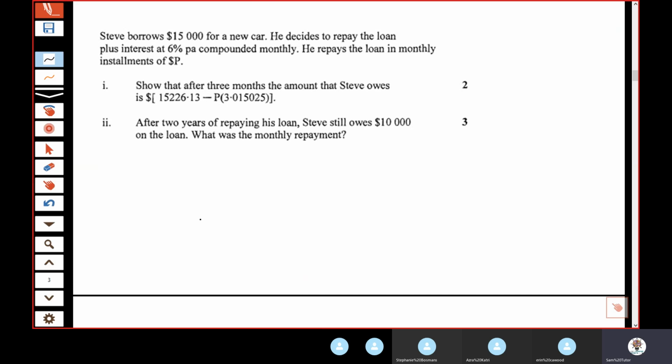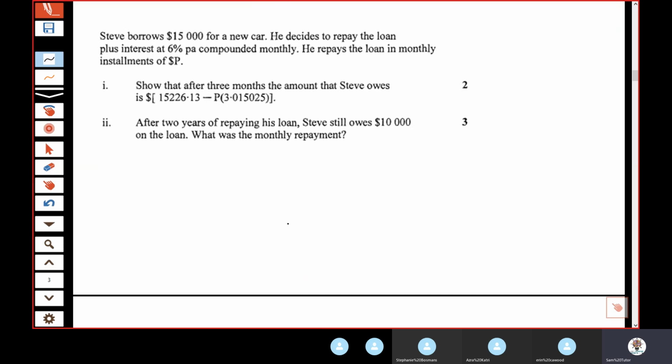Steve borrows 15K for a new car. Okay. Alex, any ideas?